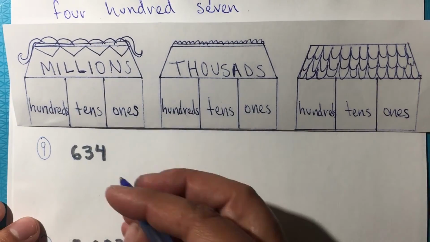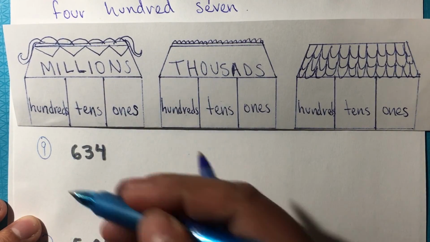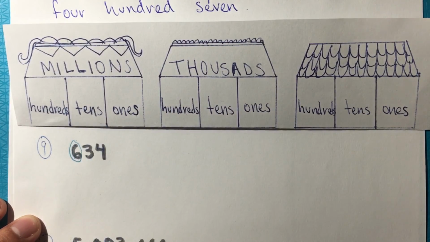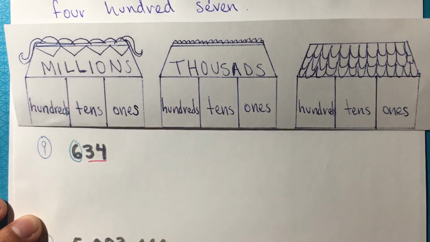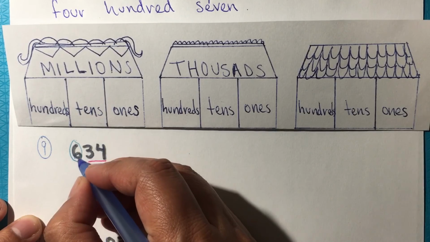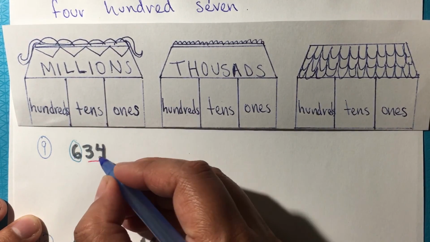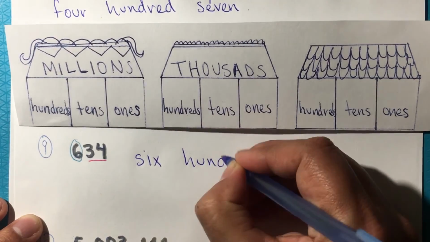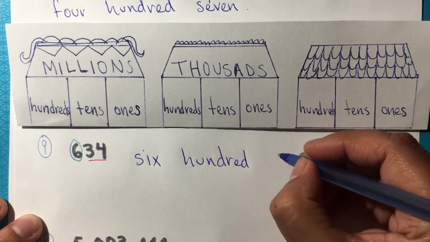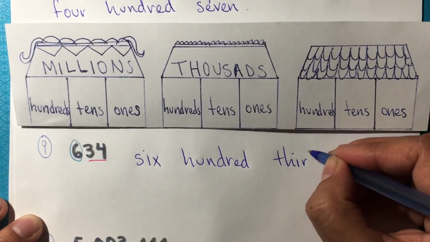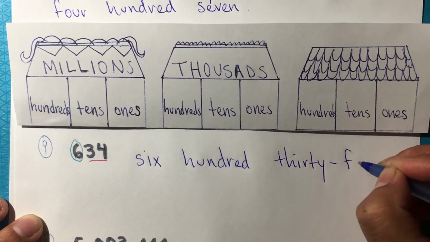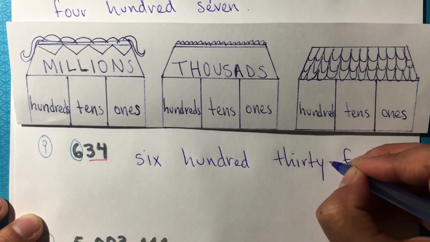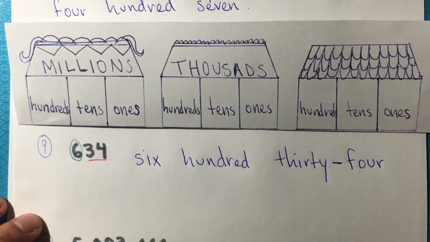Number 9. In here we only have a group of 3. And so it's 634. Okay, connected with the dash.